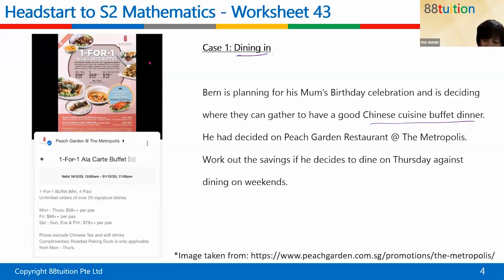You know what a la carte means? A la carte means you are ordering the dishes from the menu. So you can repeatedly keep ordering the same dish over and over again. Okay, so let's take a look at the first one here.